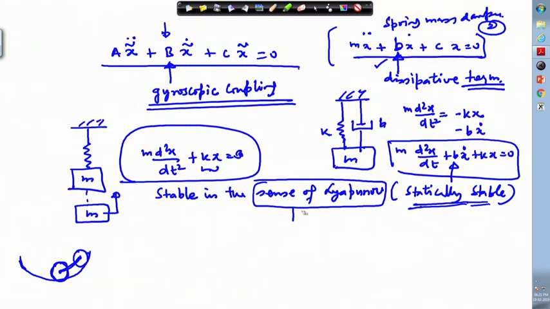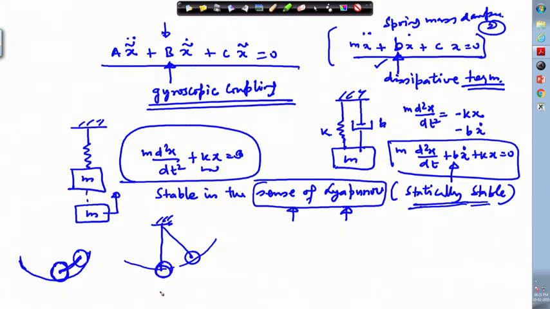Now, you might have heard or you might not have heard about the Lyapunov stability analysis, but let us again take a simple case, like a pendulum here. If I displace this pendulum, over a period of time it will oscillate and come back to this position.